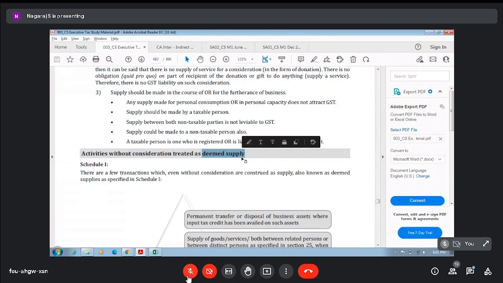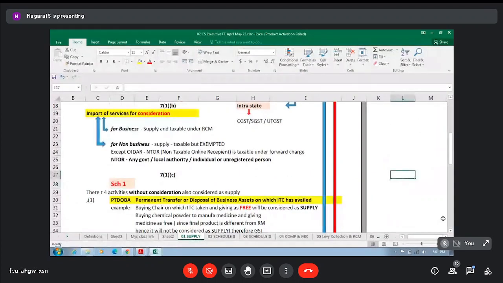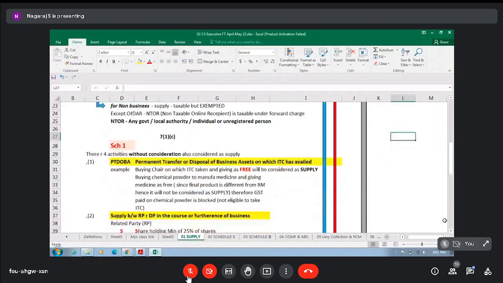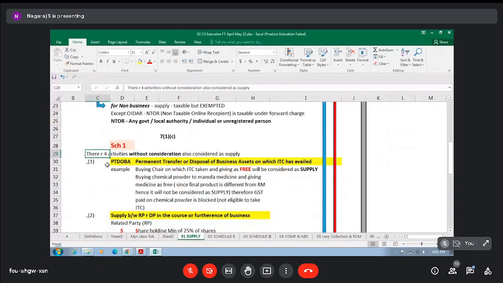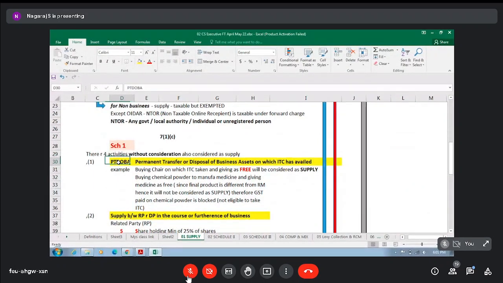Now, here we have to be very careful. What are those 4 activities? First one. Don't concentrate on this for the moment. Okay. PTDOBA. Don't concentrate on this. I will tell you what that is. Permanent transfer.